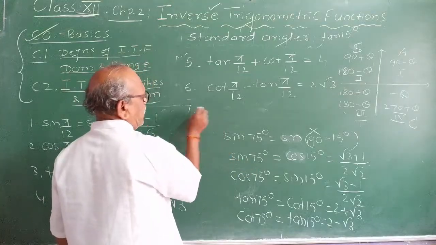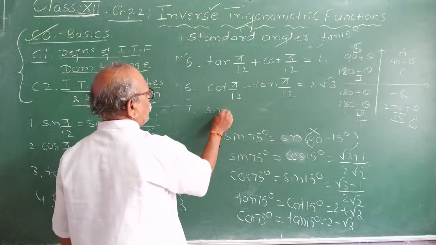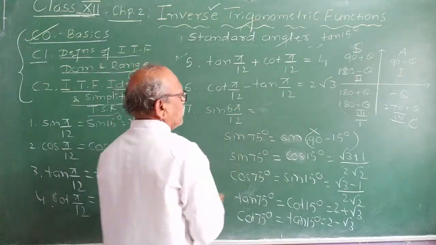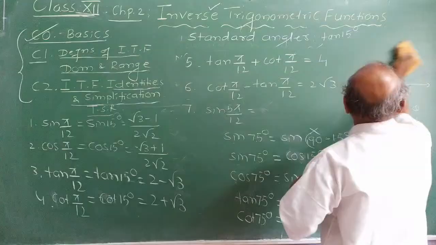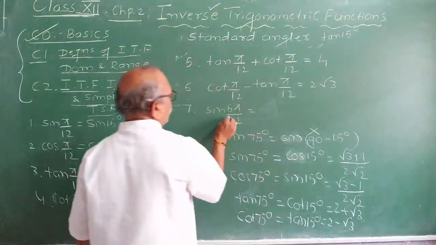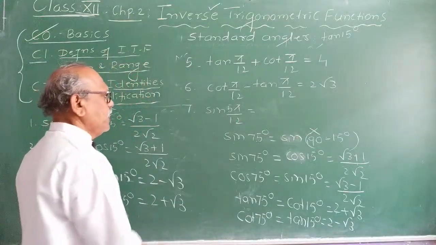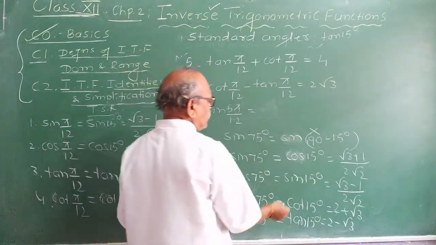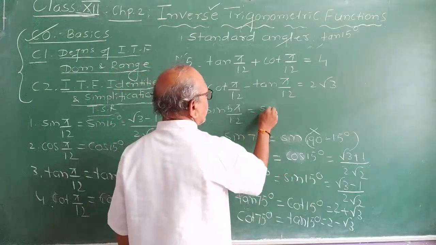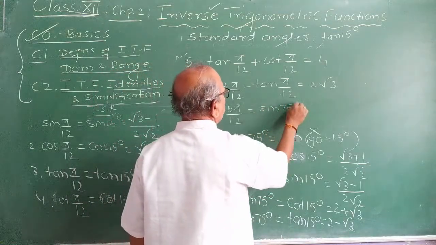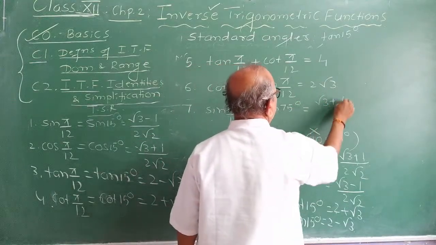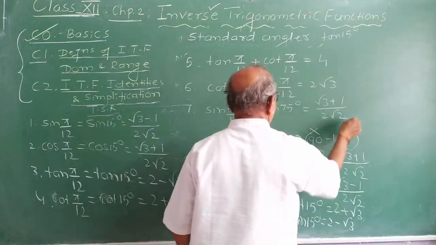75 degree can be written as 5 pi by 12. Remember carefully, there are radian measures also. Many students get confused whenever radian measures are given. Sine 5 pi by 12 is equal to, we proved sine 75 degree is equal to root 3 plus 1 upon 2 root 2.